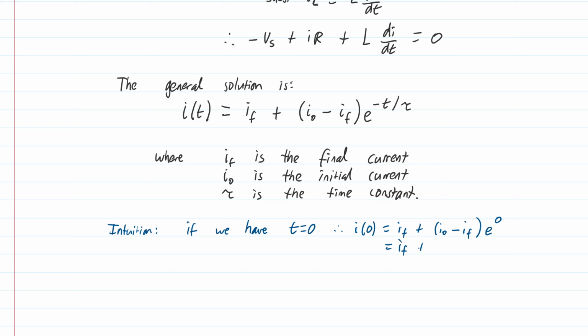This gives me IF plus I naught minus IF, and of course my IFs will cancel and I'm just left with I naught. So that's nice, that's correct behavior for t equals 0.